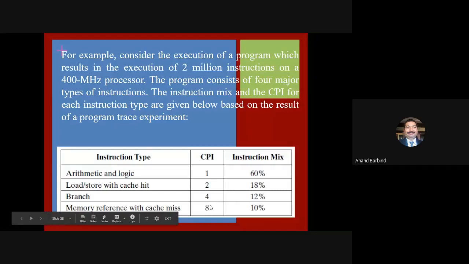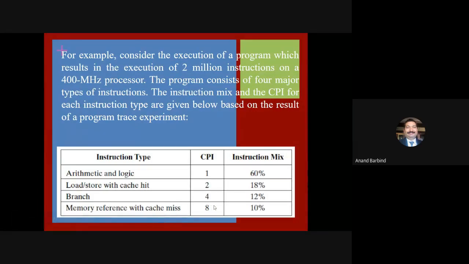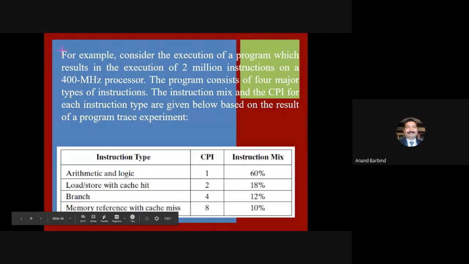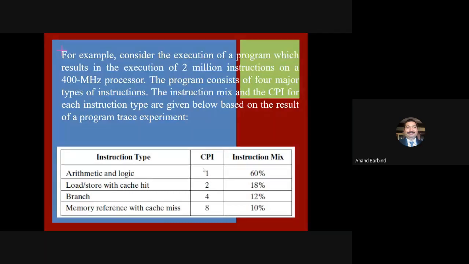So the time is increased 4 times. Whereas for the instructions which are to be executed inside the CPU itself, the time required is the minimum, that is only 1 cycle when the instruction is to be executed inside the processor. Okay.